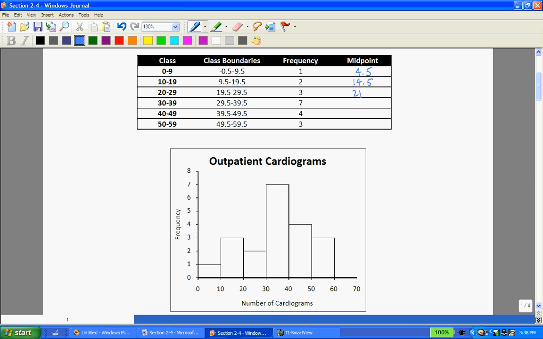This one will be 24.5, and then 34.5, 44.5, and 55.5. So our midpoints are about right here. Remember, our graph is a little bit off, but there are our midpoints. So 4.5, 14.5, 24.5, and so on.